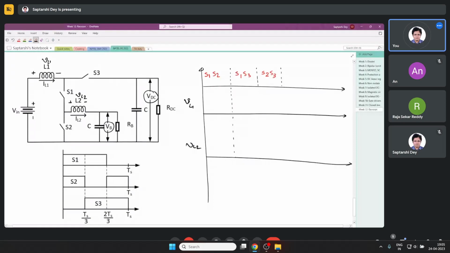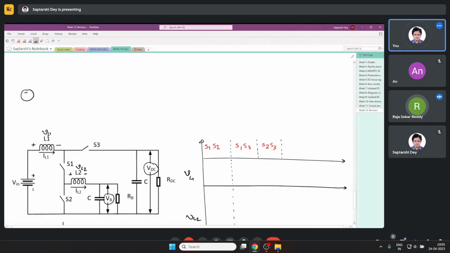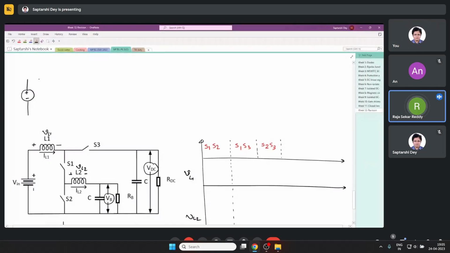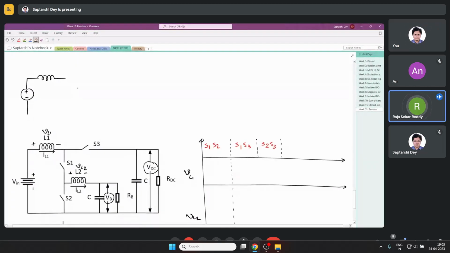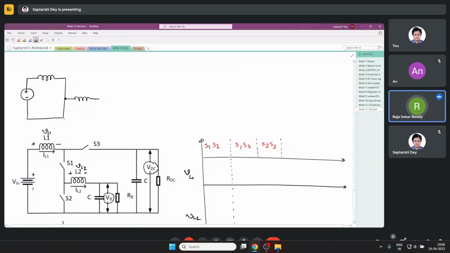So S1 and S2 are closed. Let us draw the circuit once again. Although this much spoon-feeding is maybe not needed, we will still try to do it in a step-by-step fashion so that you can later solve complicated circuits. So S1, S2 closed, the circuit is like this. So Vin.